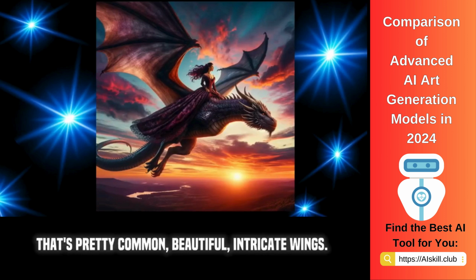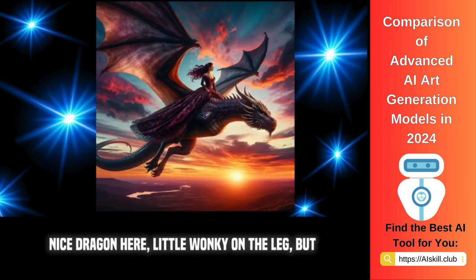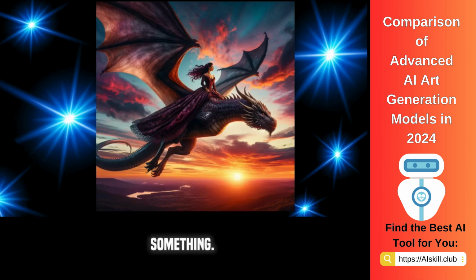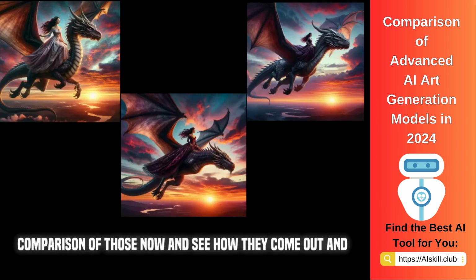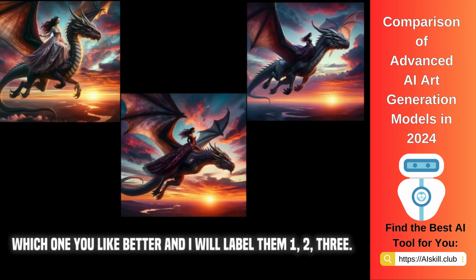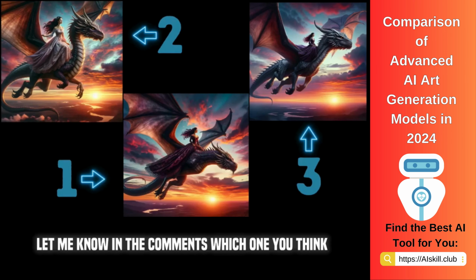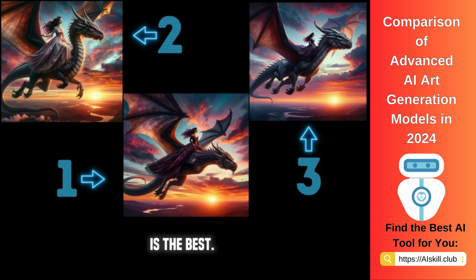Beautiful, intricate wings. Nice dragon here. Little wonky on the leg, but definitely is a usable image that you could use for something. Okay, so we're going to do a side-by-side comparison of those now and see how they come out and which one you like better. And I will label them 1, 2, 3. Let me know in the comments which one you think is the best.